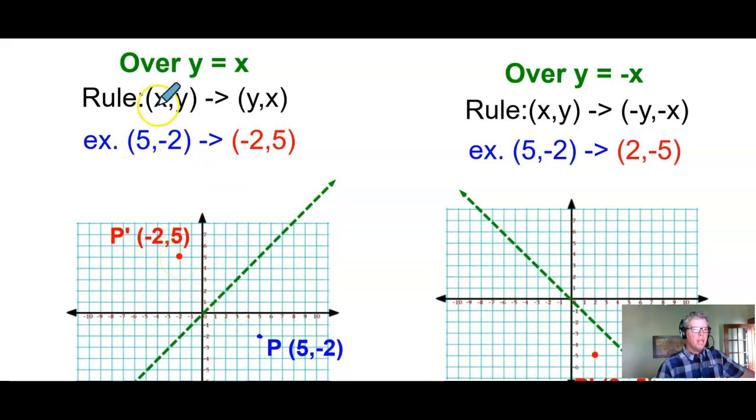All right. The rule, the way this rule works is, here's our original point, 5, -2. What do you do with that x and that y to get our new first number and our new second number? So to get our new first number, I look at the original point, and whatever number that's there, that becomes my first number here.